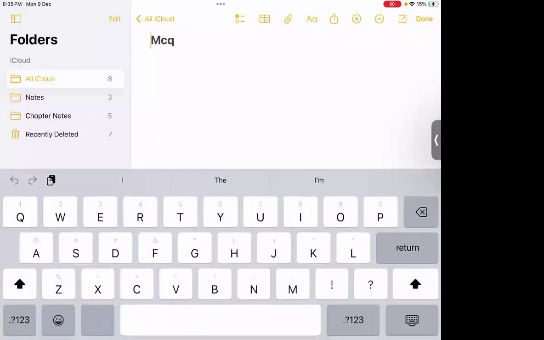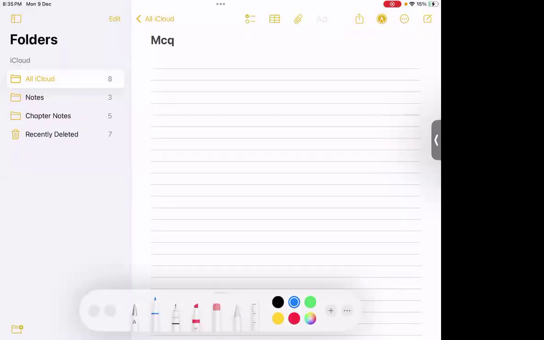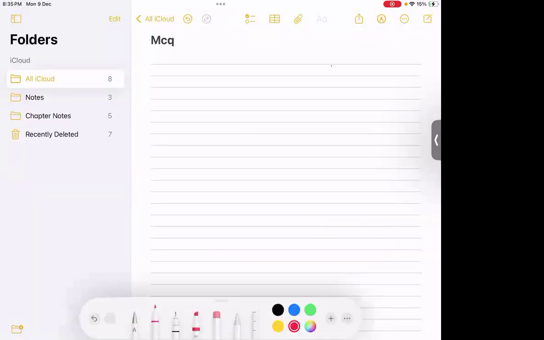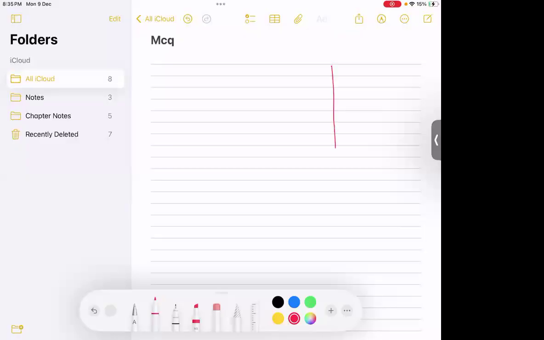See what they have given. There is a screen. There is an object.